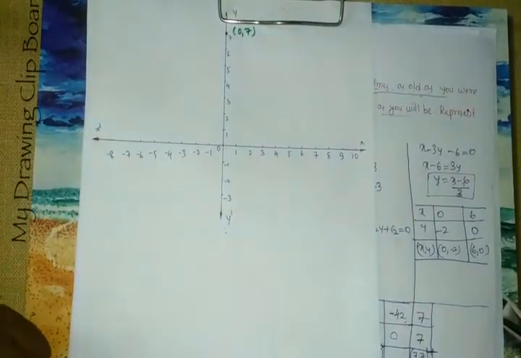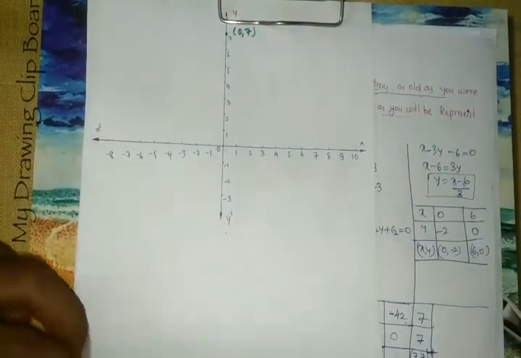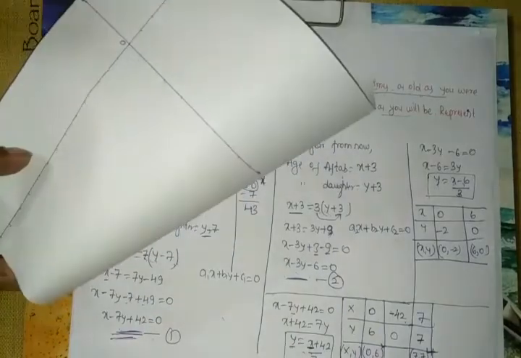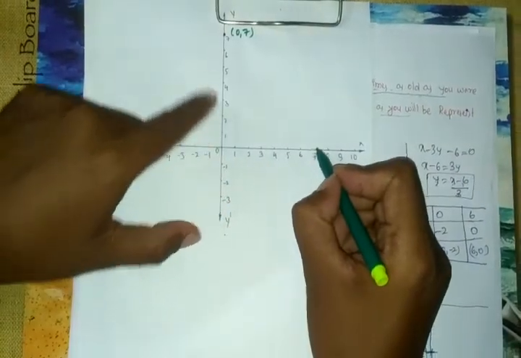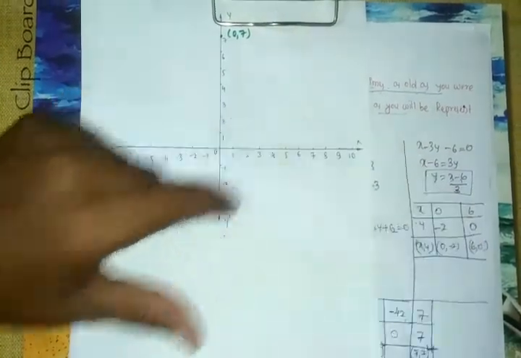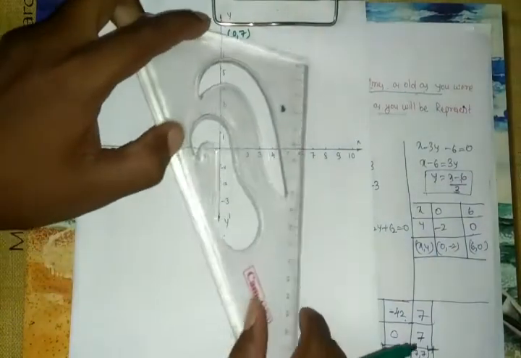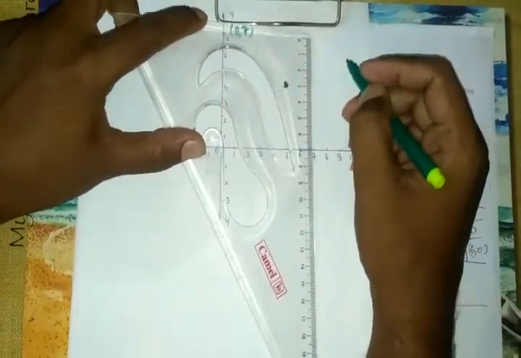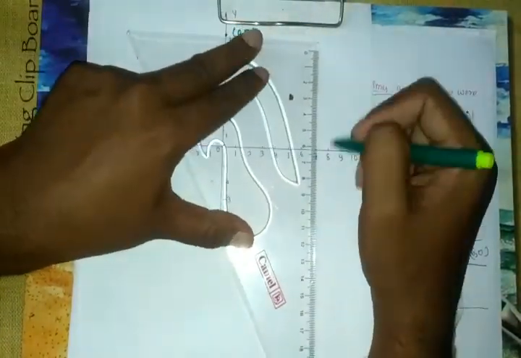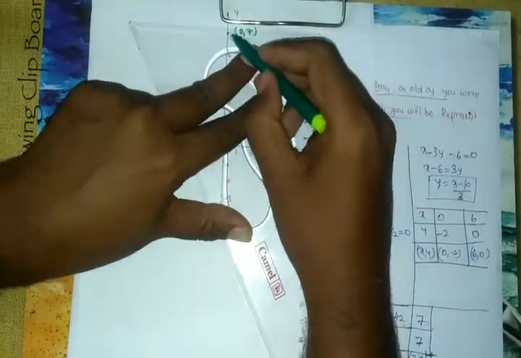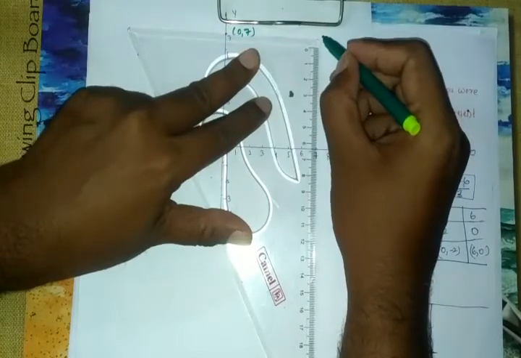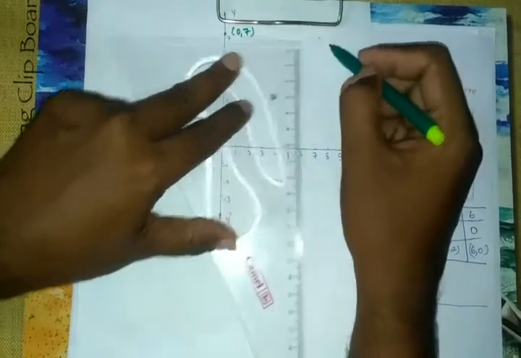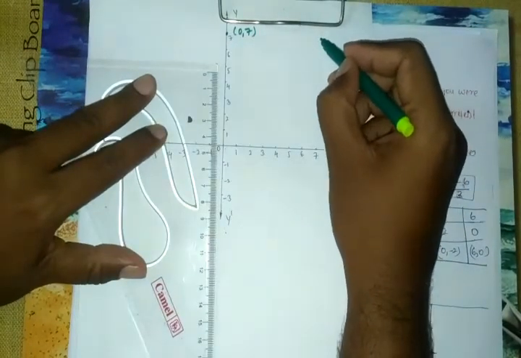Okay, so one more point I need to mark, that is 7 comma 7. That means when x is 7, y is also 7. So along this side it will be 7 somewhere. Okay, somewhere here it is going to meet.